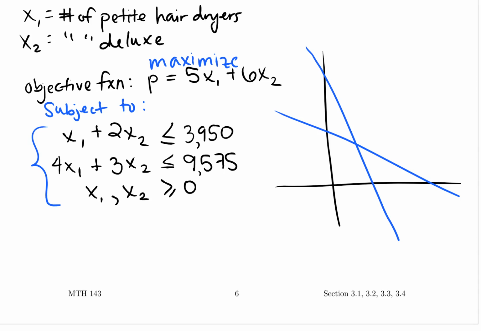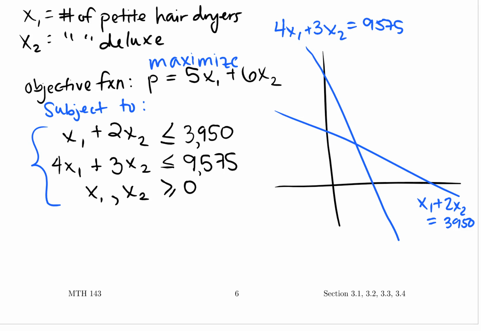This first diagonal line is the 4x1 plus 3x2 equals 9575, and then this shallower line is the x1 plus 2x2 equals 3950. So that's where I'm getting the 2 different lines.